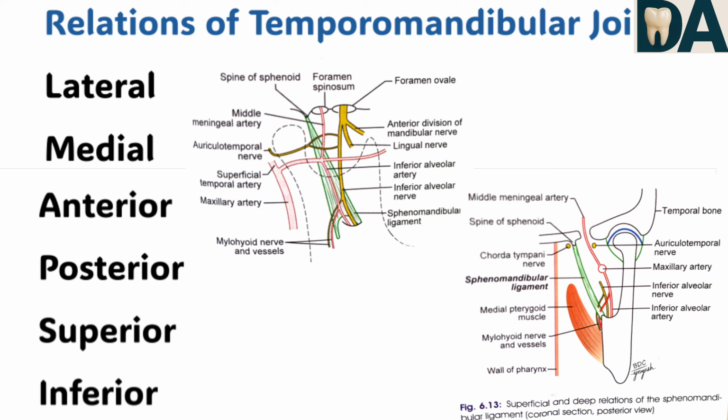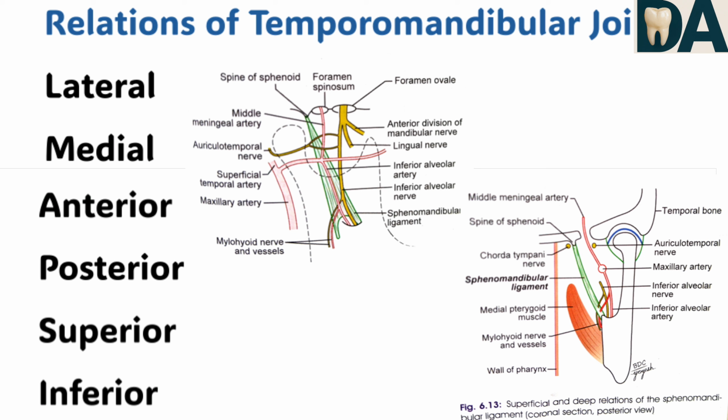Posterior relation: the parotid gland separates the joint from the external auditory meatus, and posteriorly there are the superficial temporal vessels and the auriculotemporal nerve. Superiorly, there is the middle cranial fossa and the middle meningeal vessels.